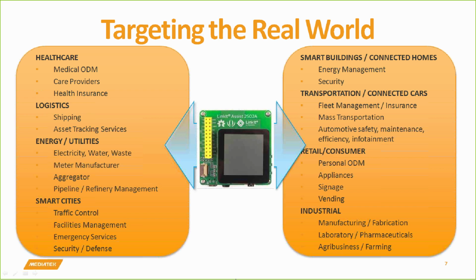Certainly around smart meters, pipeline flow management, even health and safety systems to support workers. And in many cases, the solution may be to connect the worker and not necessarily the infrastructure.